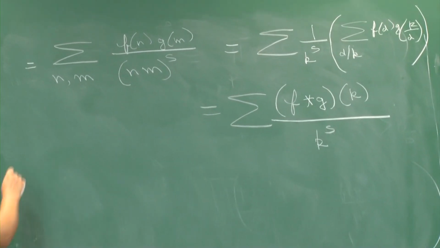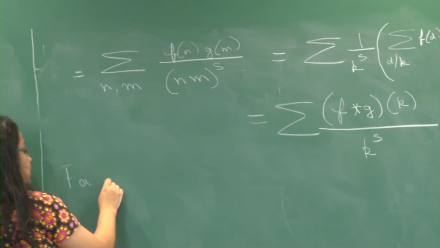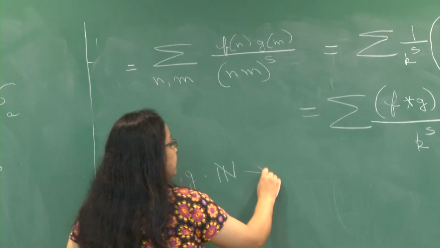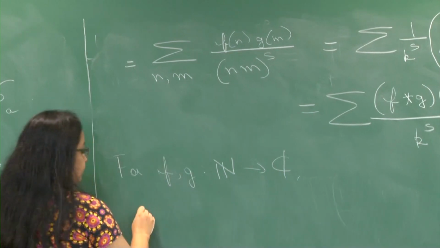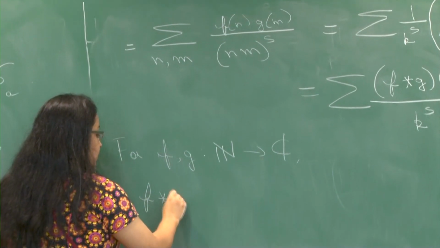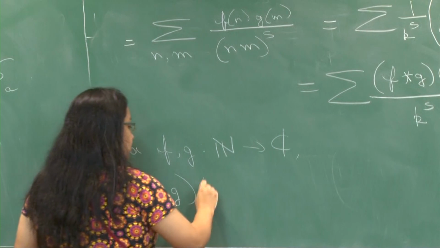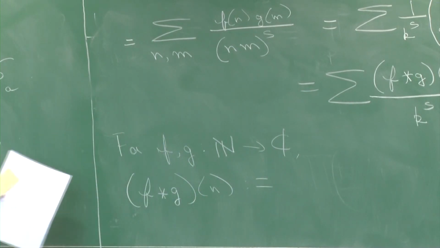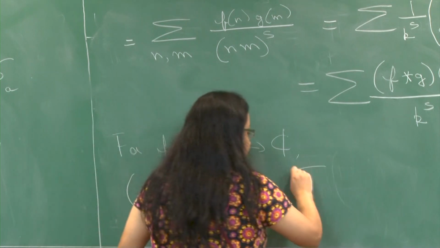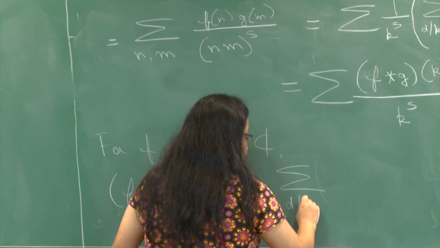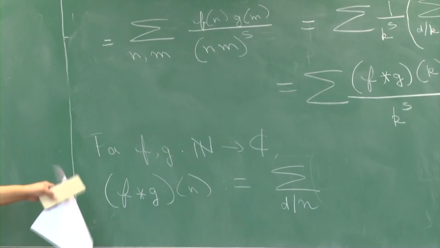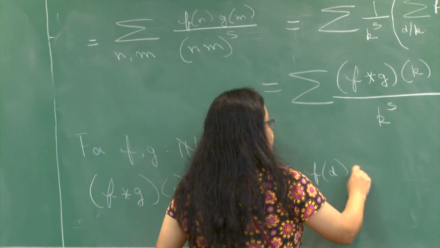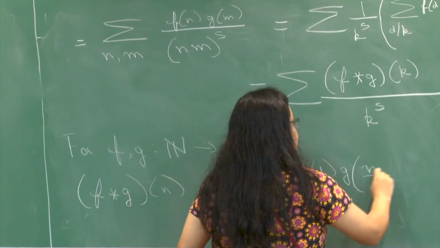So, for f and g, two arithmetic functions, the convolution is defined as, you run over all the positive divisors d of n and take f of d times g of n over d.